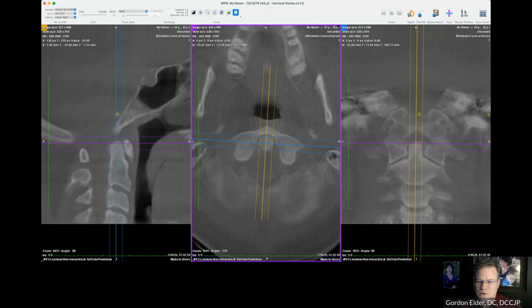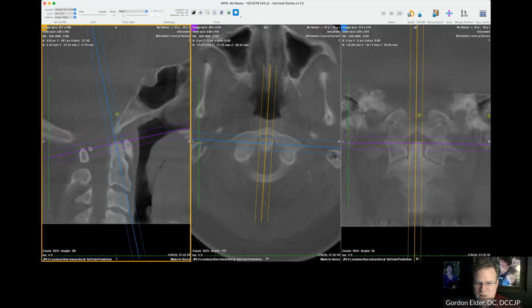Now, the other thing we need to do, in order to make this sharp and clear, is come in along the AP plane line. So I'm going to angle this one. Now you'll notice that when I come back to make measurements, now I've moved something.